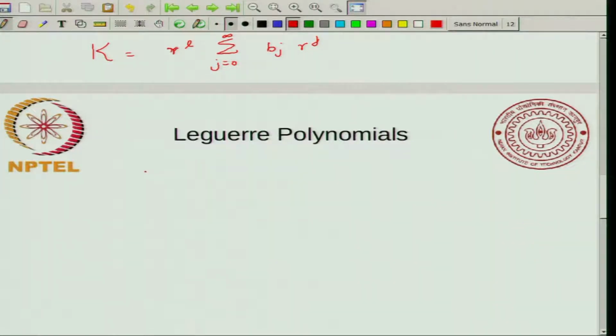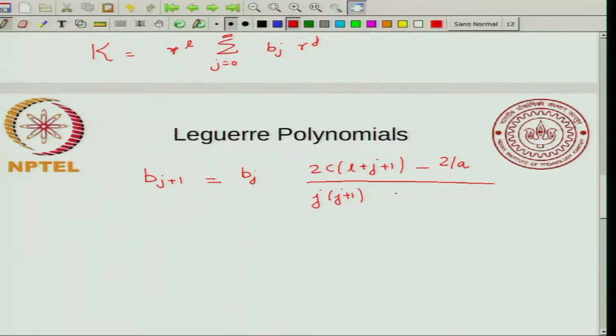If you work it out, then you will get a recursion relation that looks like b of j plus 1 equal to bj times 2c(L plus j plus 1) minus 2 by a, divided by (j plus 1)(j plus 2L plus 2).